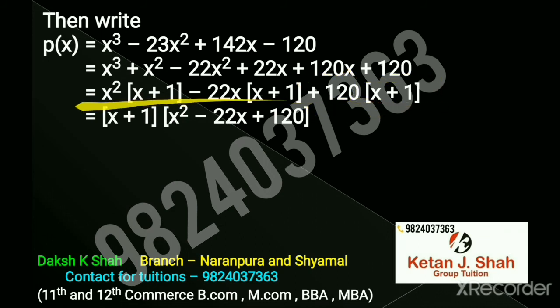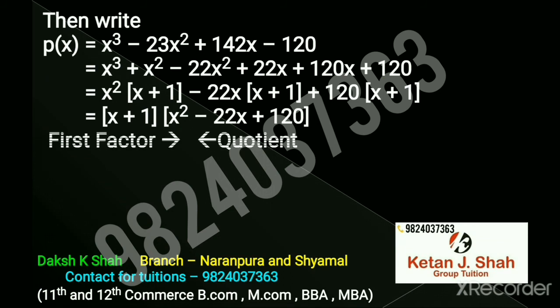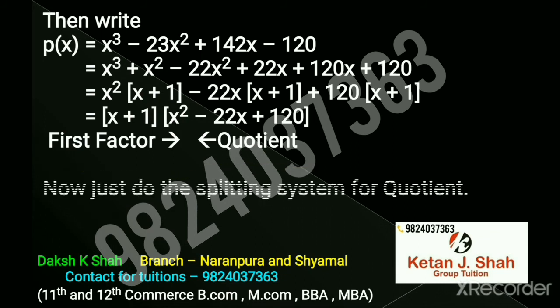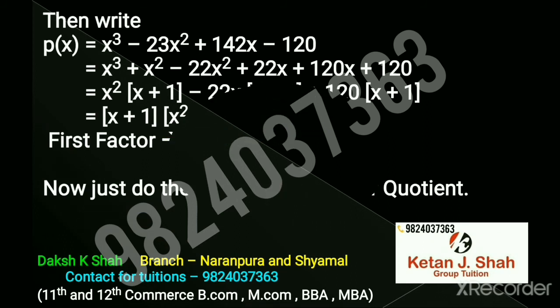Now you need to go above that line and multiply it. When you multiply it, you will get all this. So this is the first factor and the quotient, and then you will need to do the splitting method for the quotient.